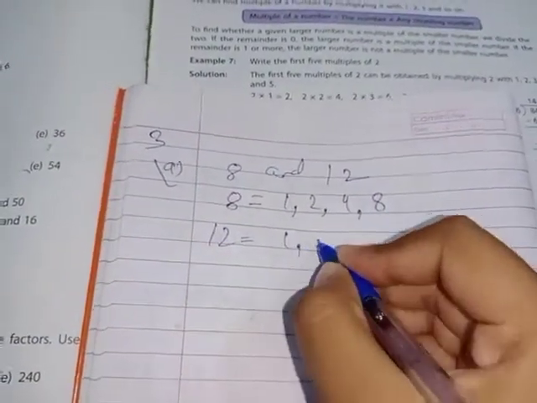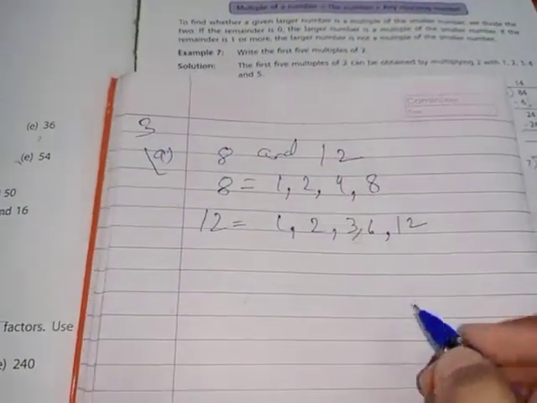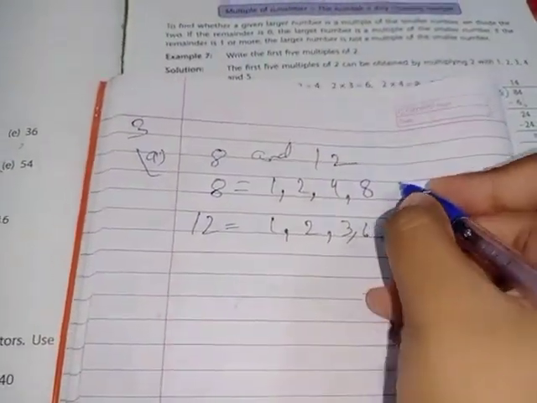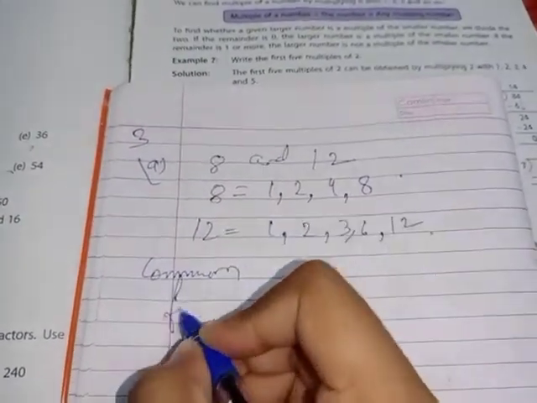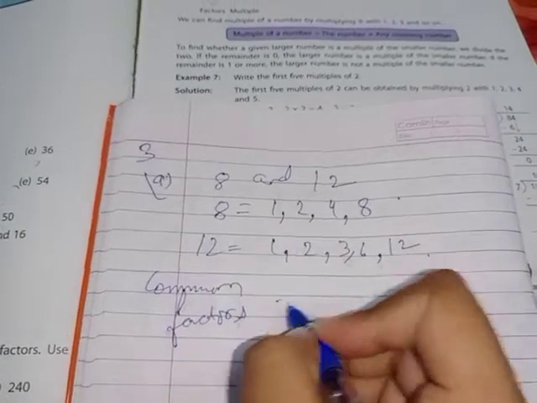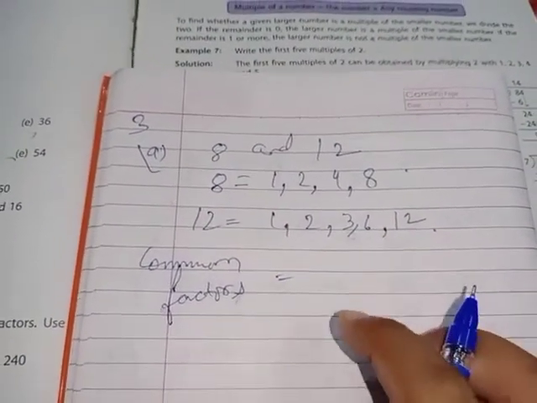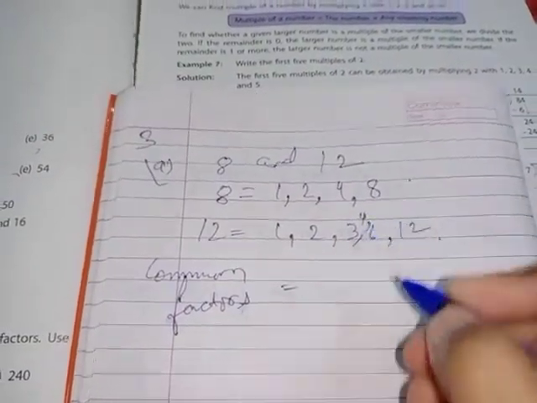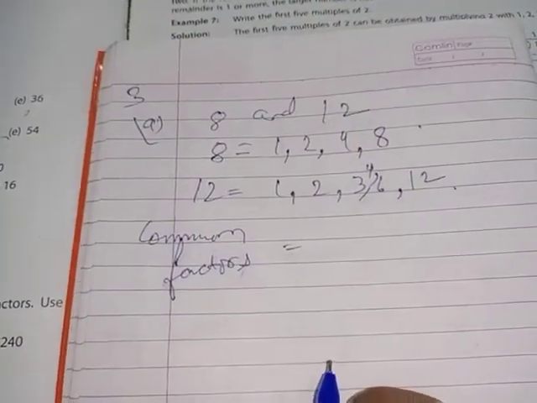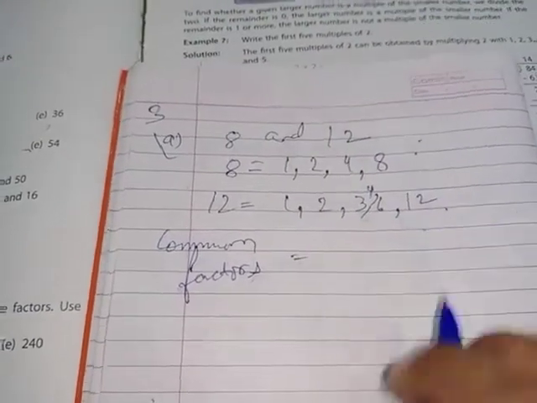We know 12 comes in the table of 6 and 12. After writing both the factors, we will write here common factors. Common factor means those factors which you see in 8 also and 12 also.